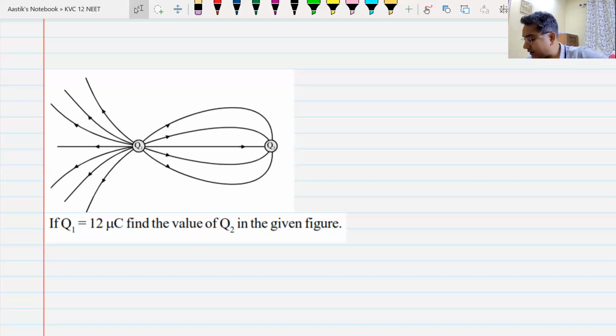The value of Q1, this pink one, is 12. What is the value of this green one, Q2?